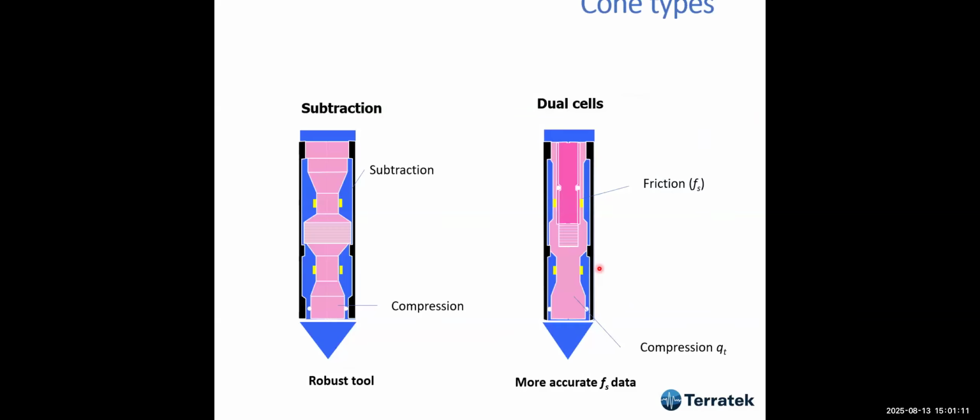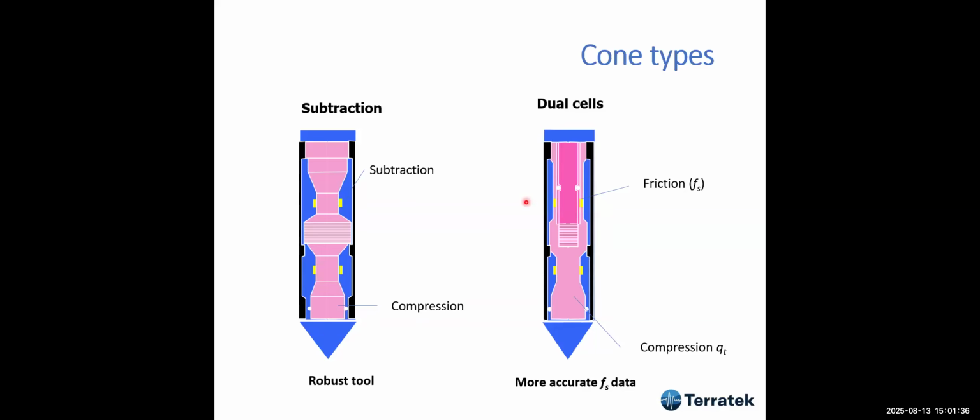I can assure you. There are two types of cones. One is a subtraction cone, in which one load cell measures the tip resistance, and the other one measures the total resistance. Then you have a subtraction type of load cell, and you have to do this.